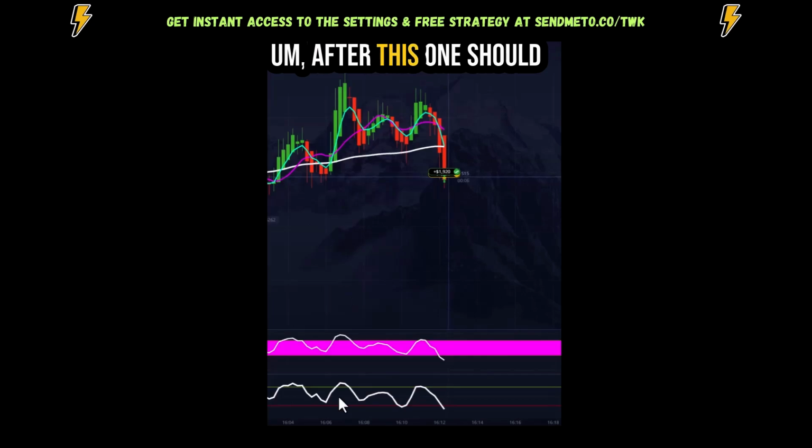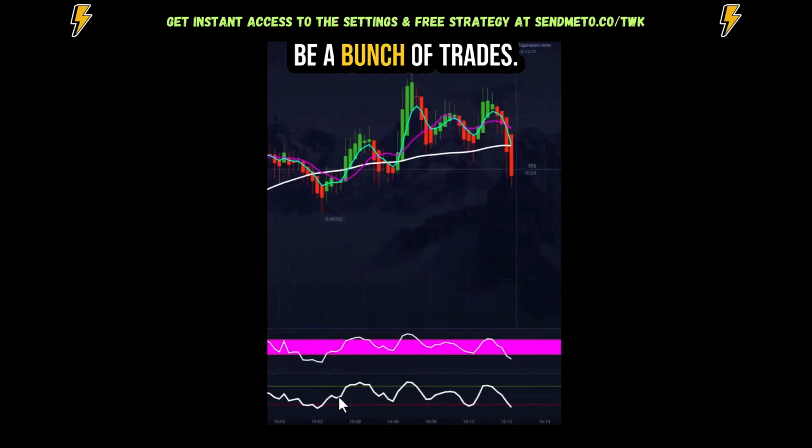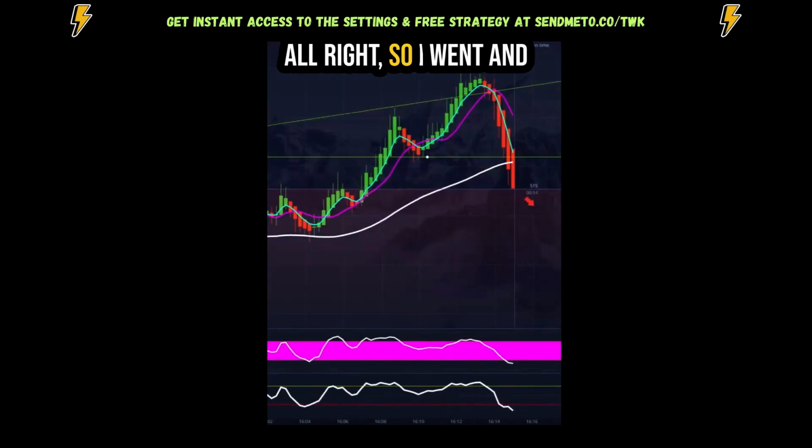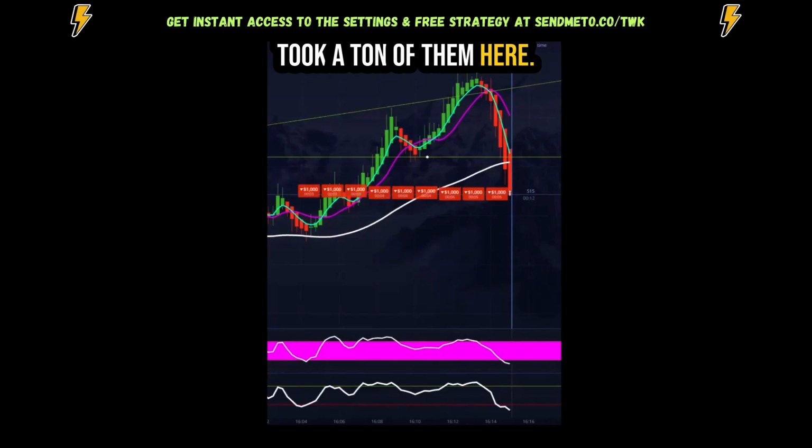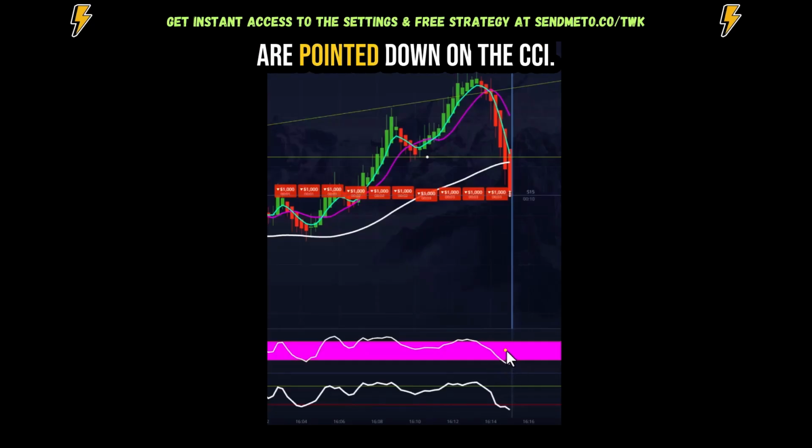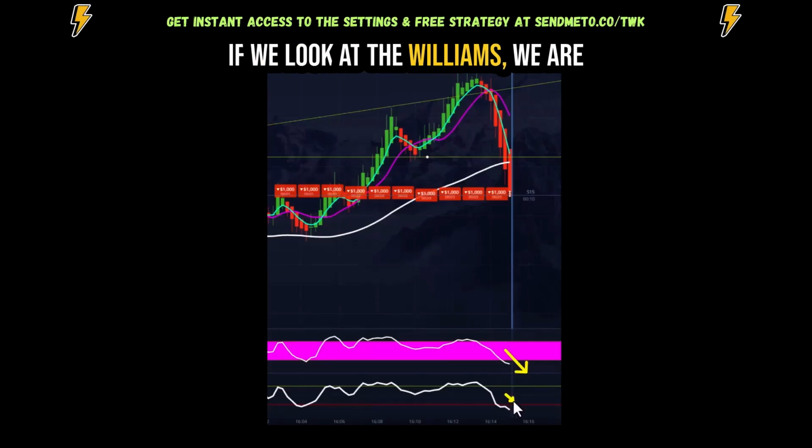So after this one should be a bunch of trades. All right, so I went and took a ton of them here. Why did I do that? Let's go look at it. So if we check this out, we are pointed down on the CCI. If we look at the Williams, we are pointed down on the Williams.